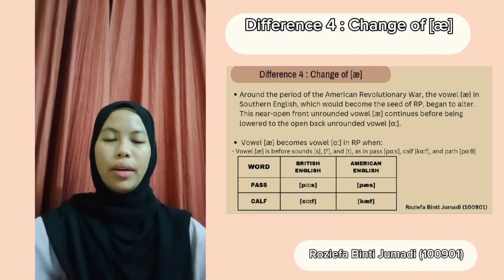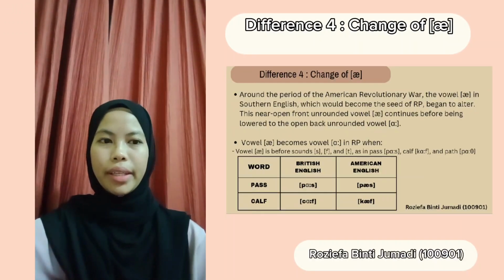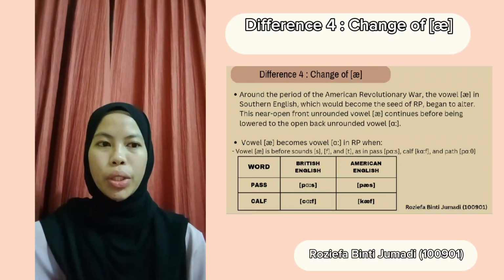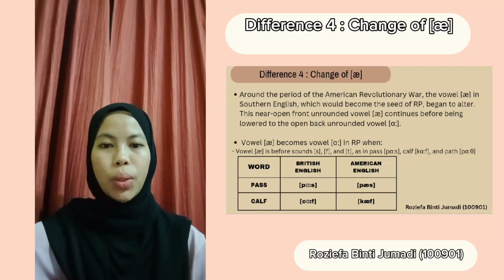Thank you. The next difference is the change of A. Around the period of the American Revolutionary War, the vowel A in Southern English, which would become the seat of RP, began to alter.